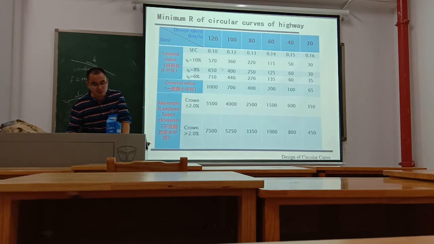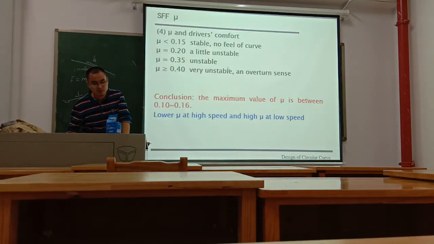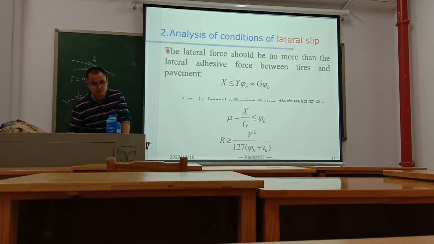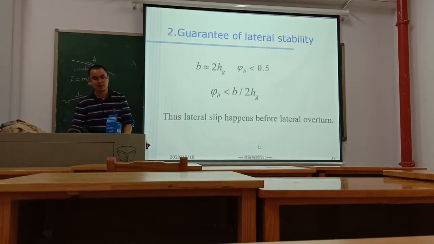Given mu and IH, we can calculate R with this formula.